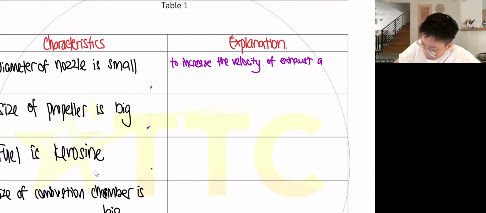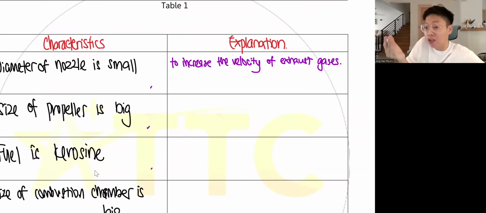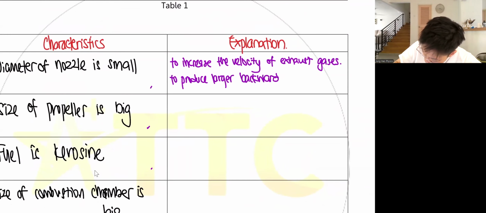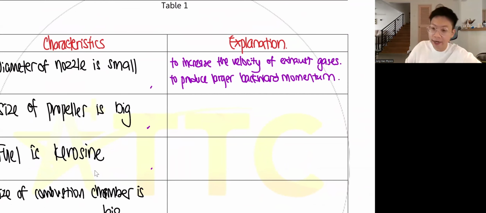You don't need to say backwards for this one because exhaust gas is obviously going towards the back. So, increase the velocity of exhaust gas, therefore to produce larger backward momentum.